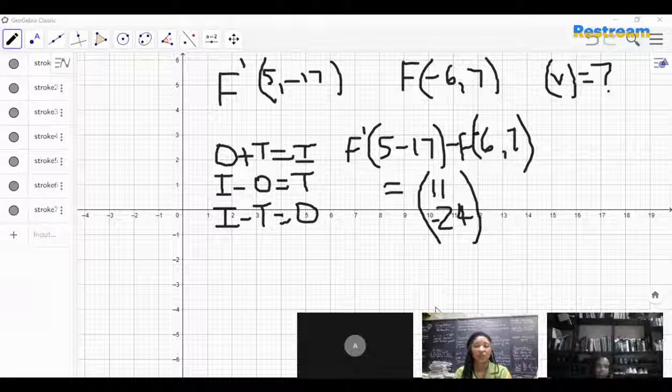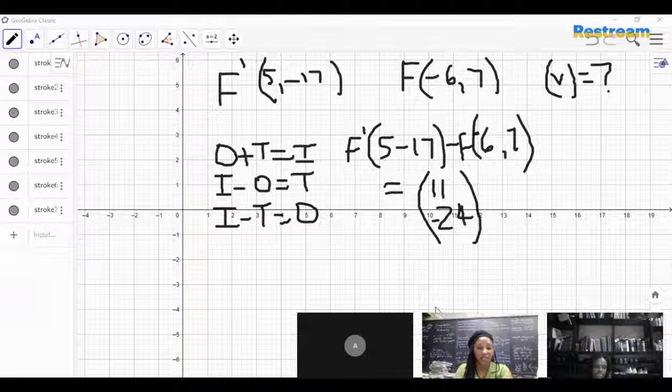I'm just recapping what you've done. You'll be given the object and a translation vector and asked to translate the object to get the new figure, which is called the image.